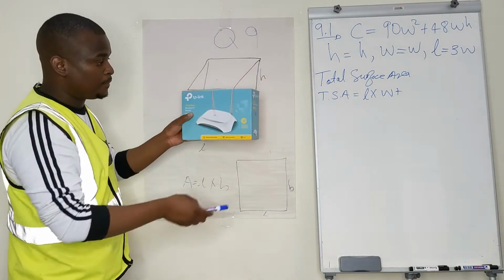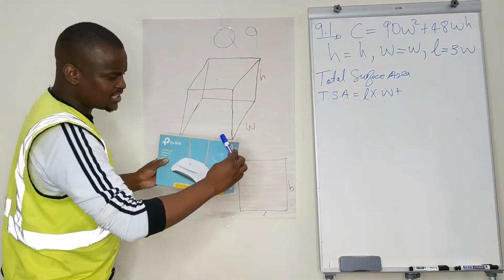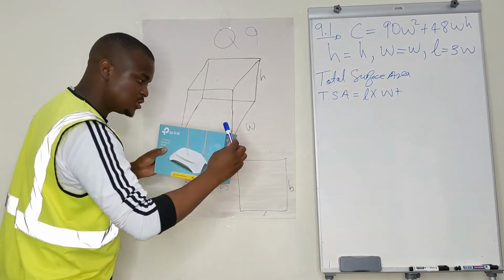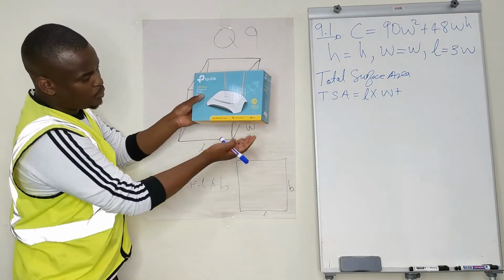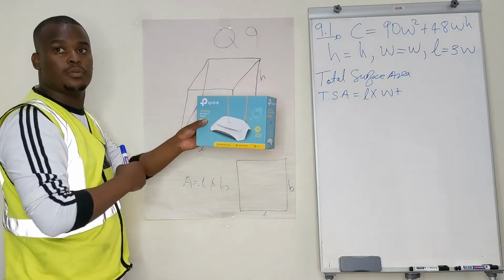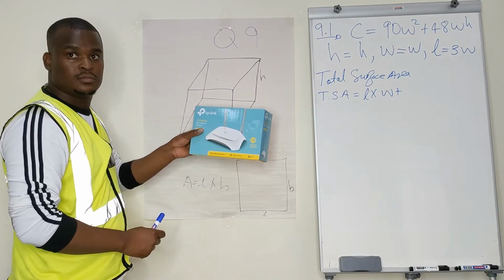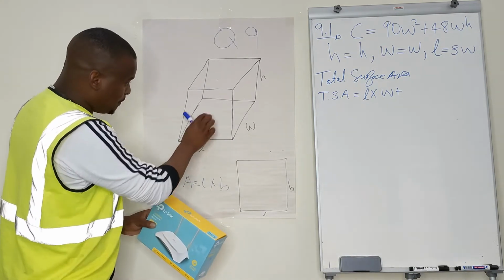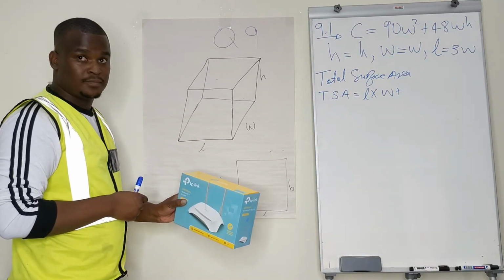To calculate the top, it's similar dimensions. So here's the top. This is your length and this is still your breadth or your width. This is your length times the width, which is the same as this. If you look at it, it makes sense because this will be exactly equal to the top. So the bottom and the top should be exactly the same.